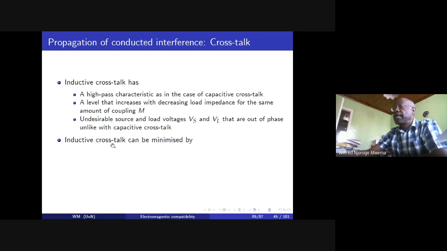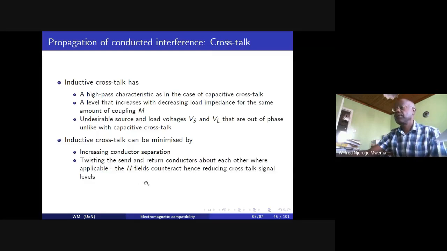So inductive crosstalk can be minimized by, one, increasing the conductor separation so that we can use the 1 by R decay of the field intensities. Two, we can twist the sending and returning conductors about each other where applicable.